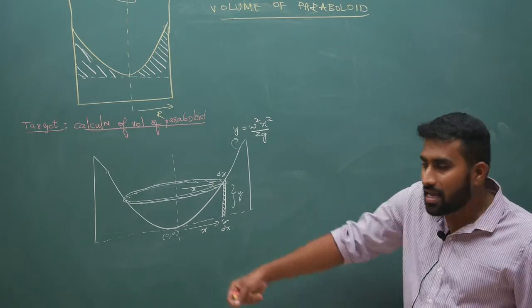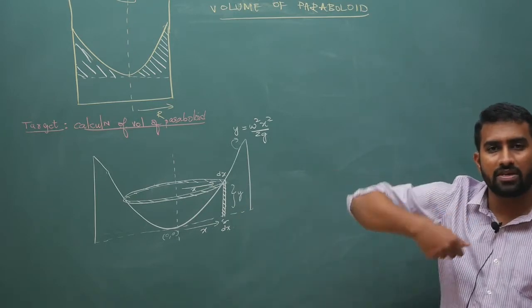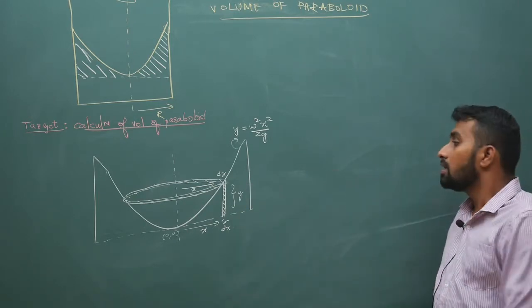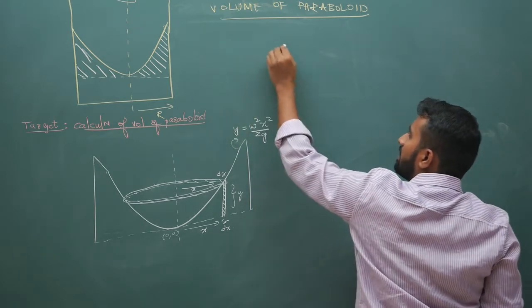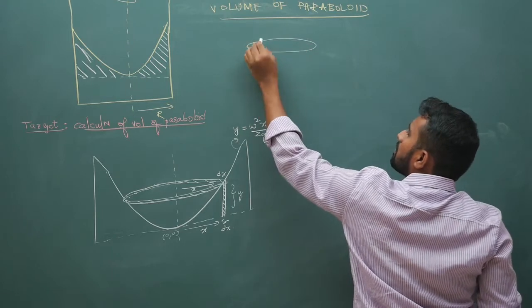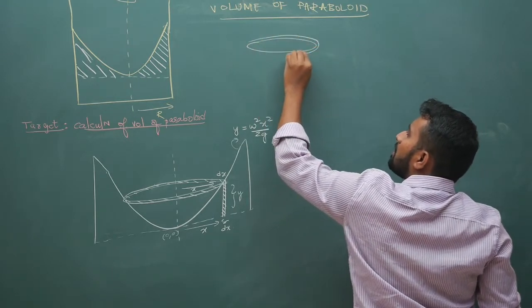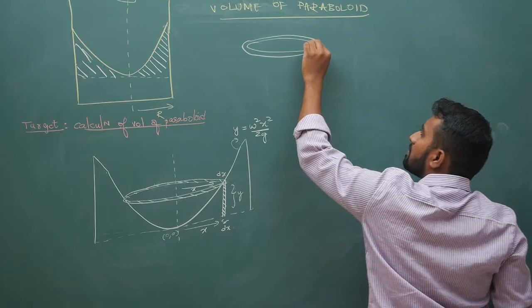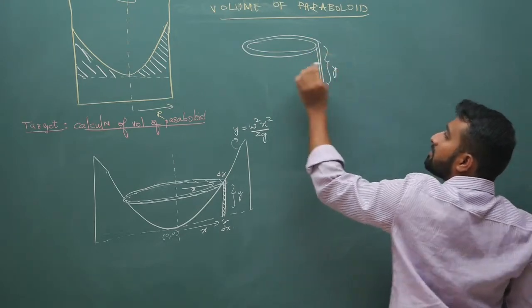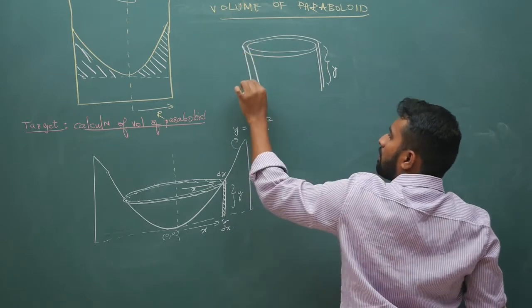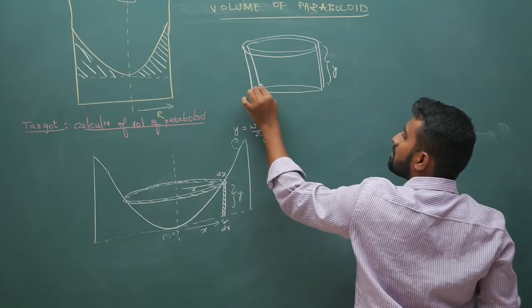I am taking a small peel off layer of the volume. If I cut it and take it out, I will get the peel off layer like this. This peel off layer will have a height y. This y keeps changing.